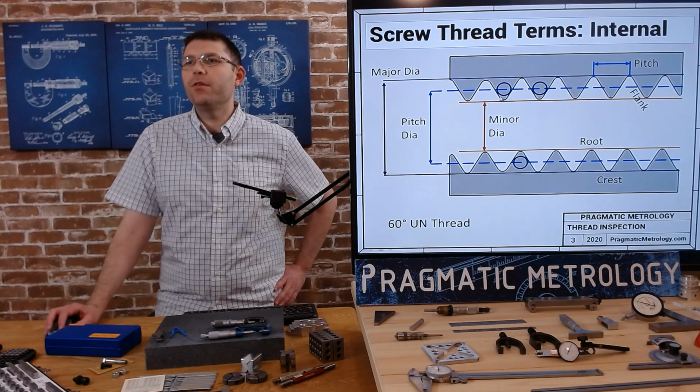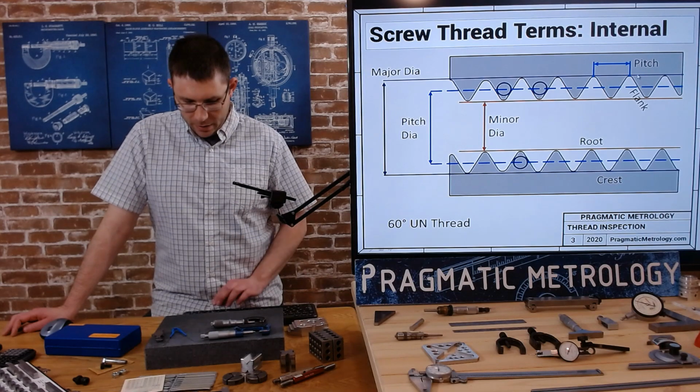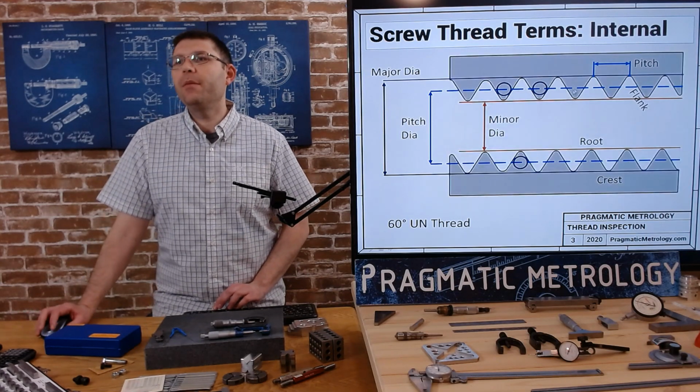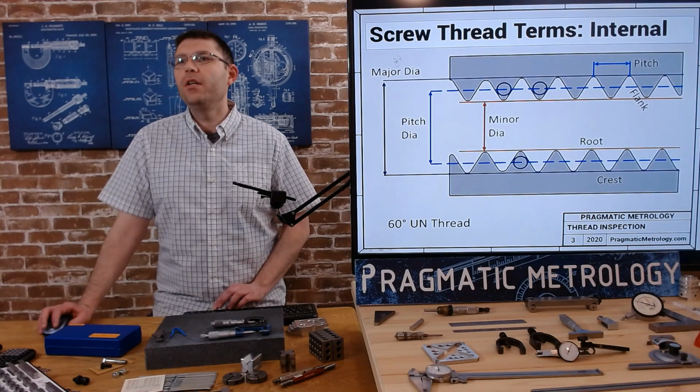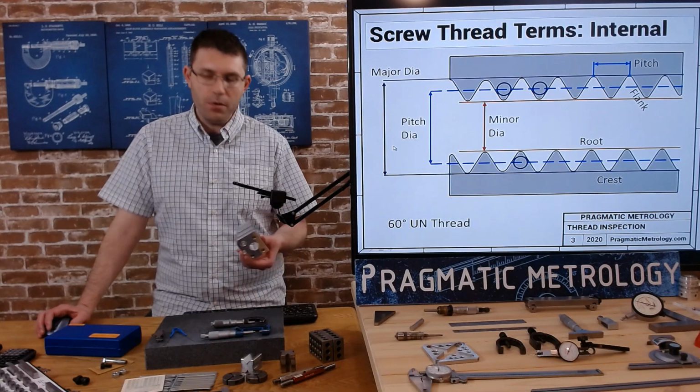The pitch diameter is in the same place. The pitch is the difference between the peaks or the valleys, and it's the same terminology. The minor diameter is the smallest diameter, the major diameter is the largest diameter, and the pitch diameter falls in between. This would be like for a nut or a drilled hole, like on the angle block.